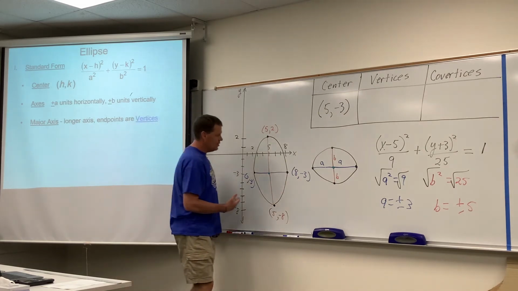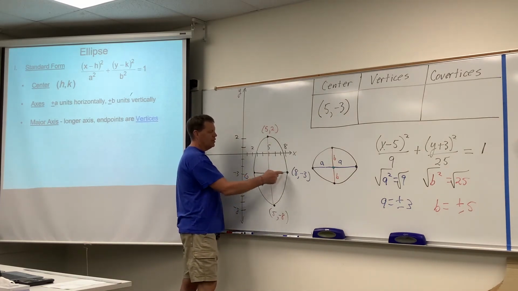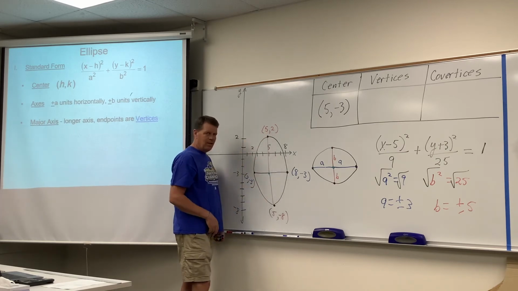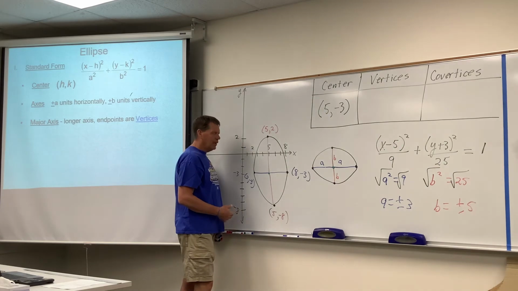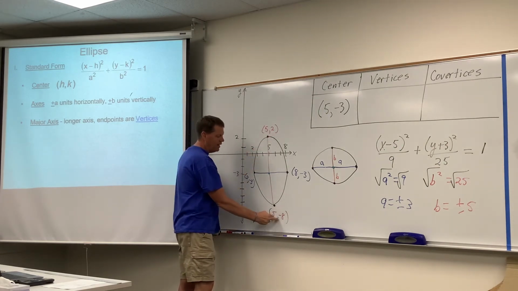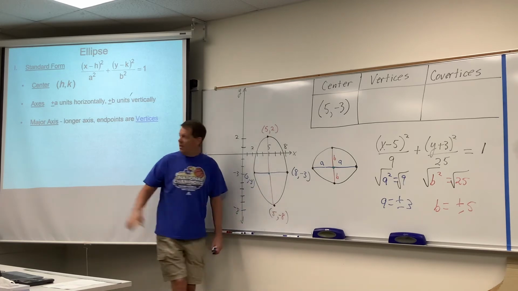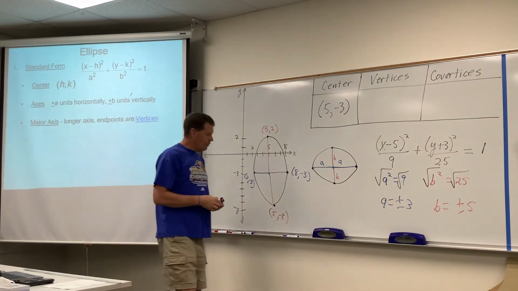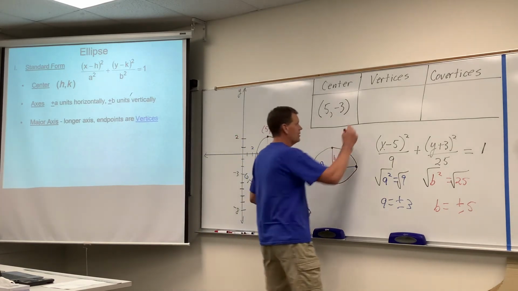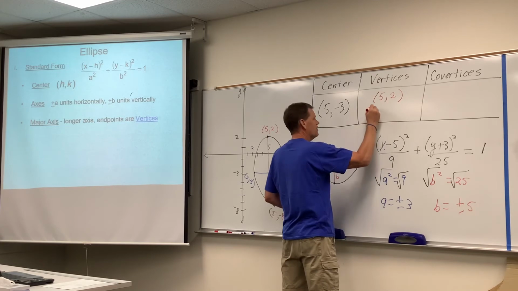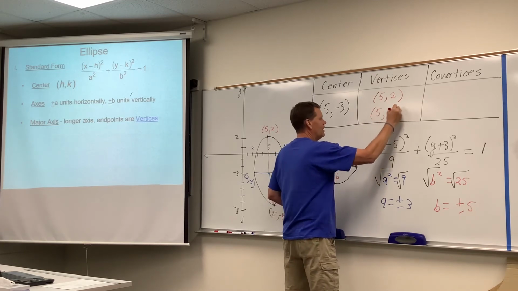Here, it's 3 units each way and 5 units each way, so the up and down one is the major one. These endpoints, 5, 2 and 5, -8, are the endpoints of that longer axis, so they are our vertices. The ordered pair 5, 2 is one vertex, and 5, -8 is the other.